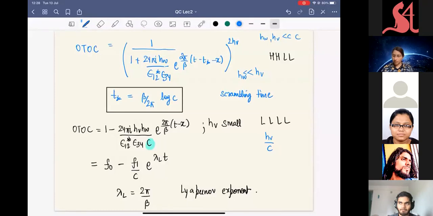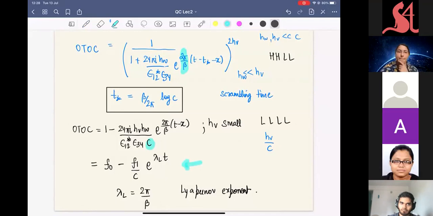Lyapunov exponent in the HHLL limit also? Usually it is, yeah, I mean, you can call this the Lyapunov exponent even there. But the nature of the fall-off is different. Usually the Lyapunov exponent is defined when the out of time order correlator is written in this way. Okay.